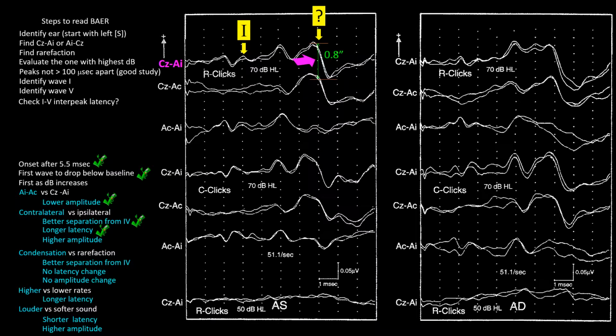In this case, the ipsilateral putative wave 5 amplitude is 0.8, while the contralateral is 0.6.